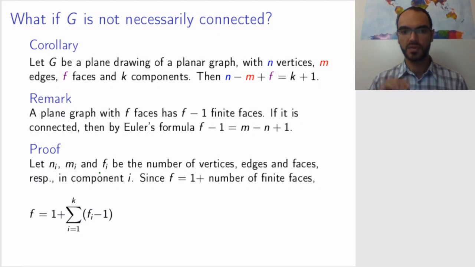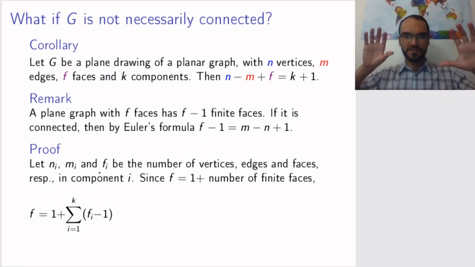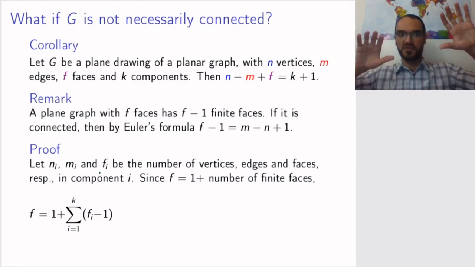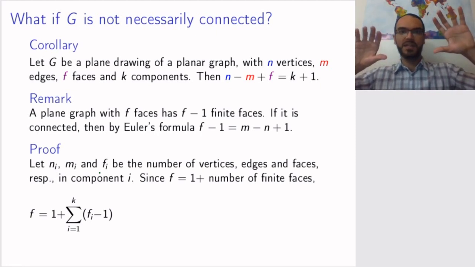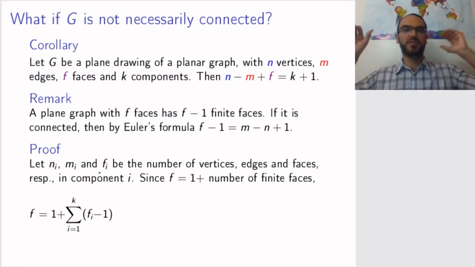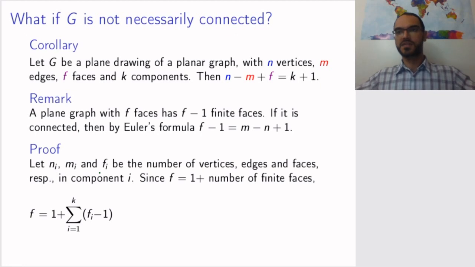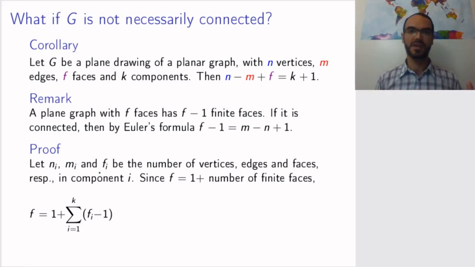So what do we know about the number of faces in the whole graph? The problem is that the infinite face is the same face for all components. Naively one would want to say that if the graph has 7 components, you just sum up the number of faces in each component. But that's not true because the infinite face overlaps.